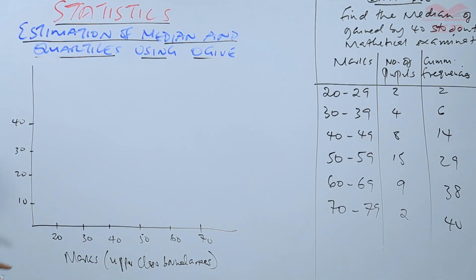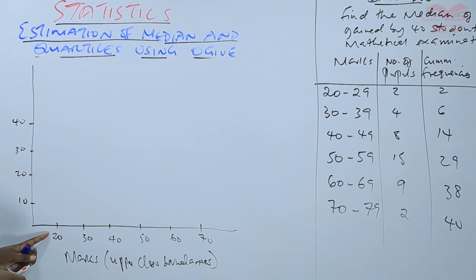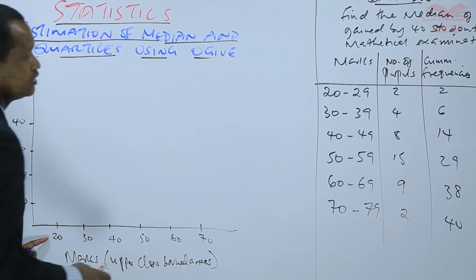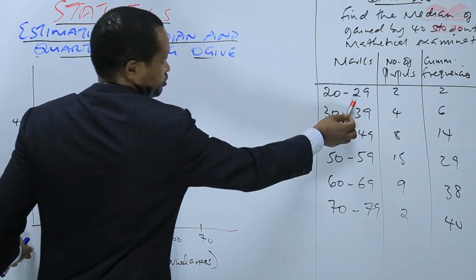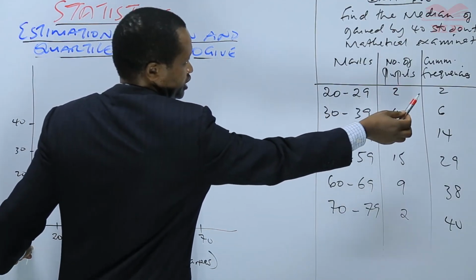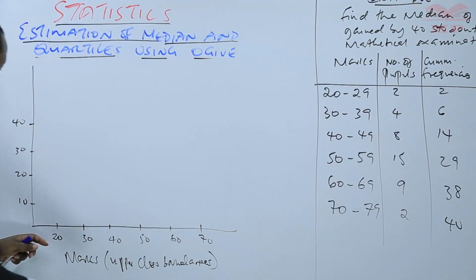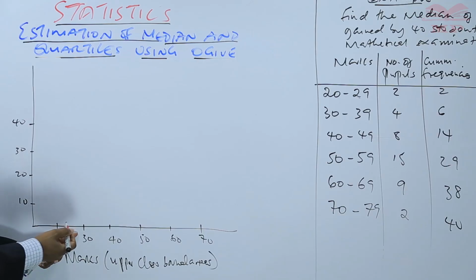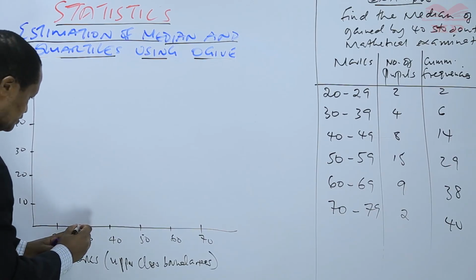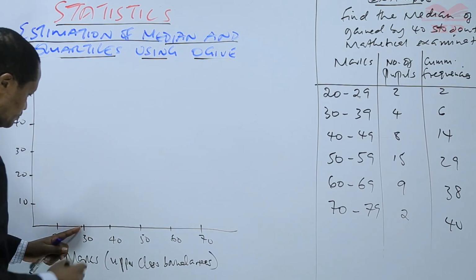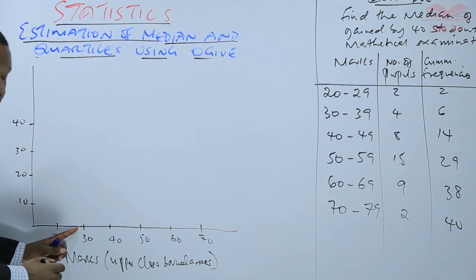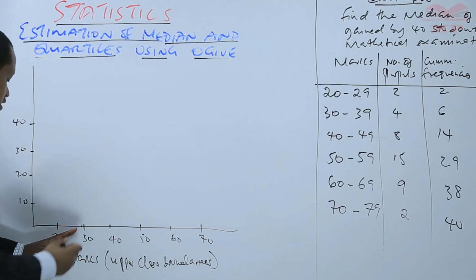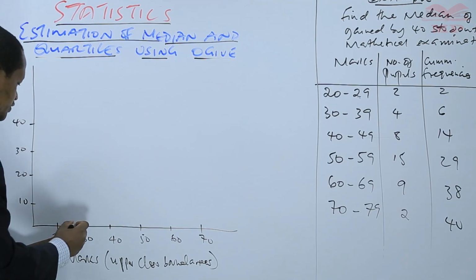So I'm going to plot first the first group, 29.5. 29.5 will be at this point here. If you have a graph book, then this should be divided into several parts.